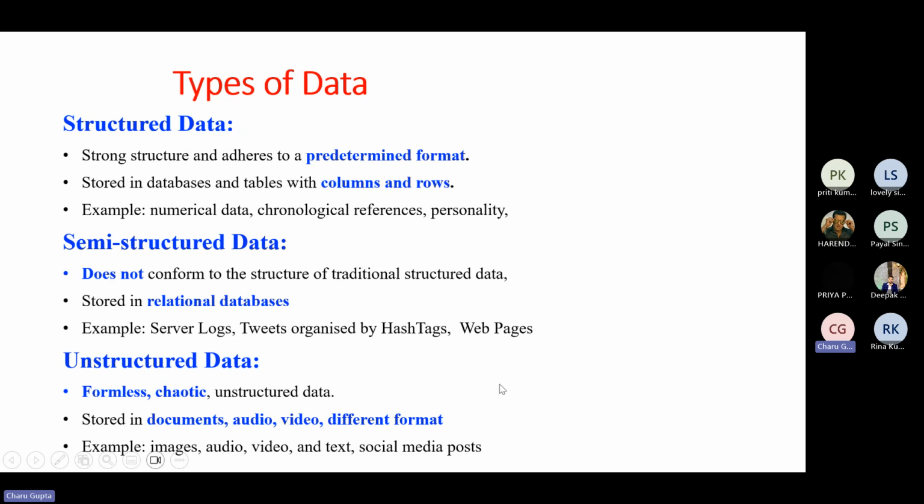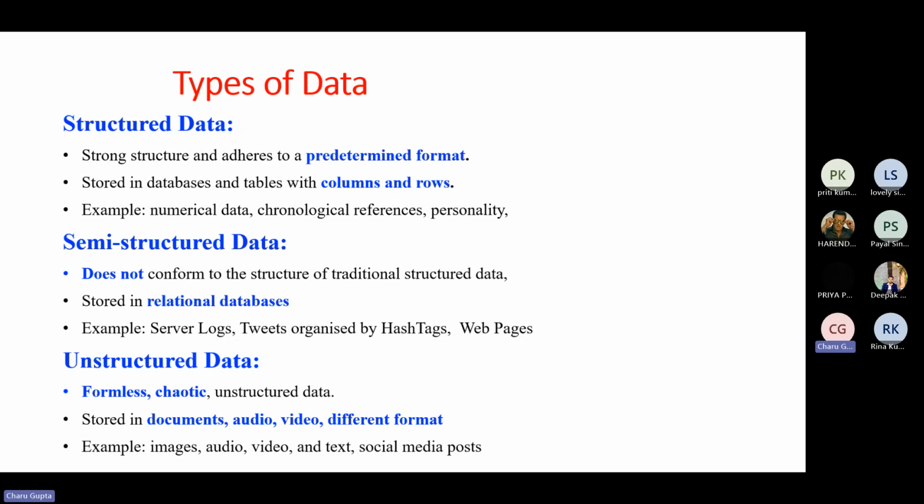Audio, video, audio data, just think about the songs. You have a lot of audio data, a lot of audio songs. None of them is structured, none has any structure. Every audio format, every audio file is having a different structure. Audio waves are in different forms, which depends on the genre or the sound, then voice, then the lyrics, they all are different. So what I say is that it is a completely unstructured form.